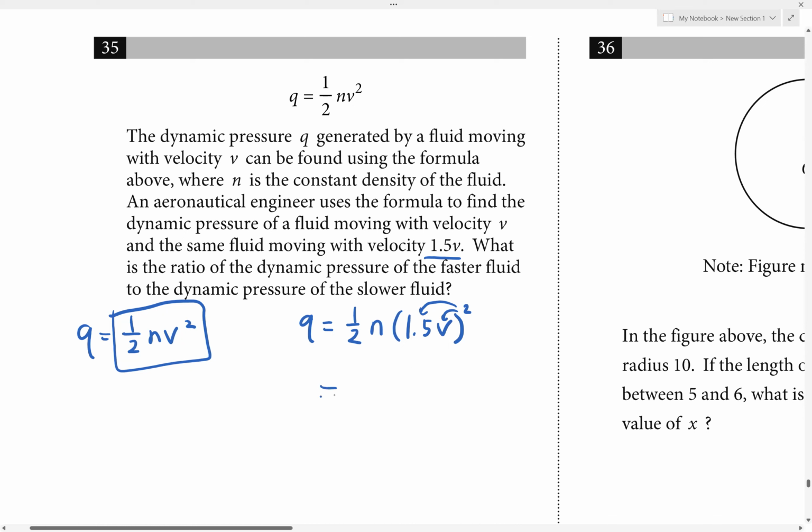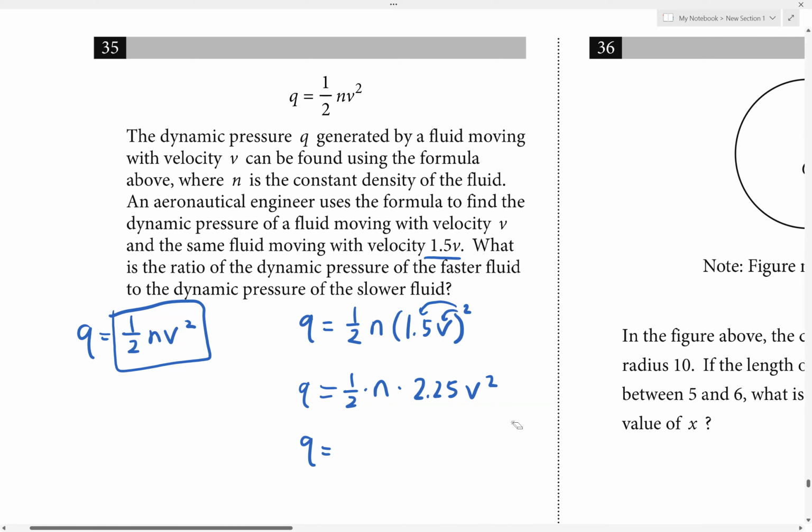So the number 1.5 will be squared as well. That gives us 1/2 times n times 1.5 squared, which you can type in the calculator, is 2.25 v squared. Compared to the original Q, everything's the same: we still have the 1/2, the n, and the v squared.